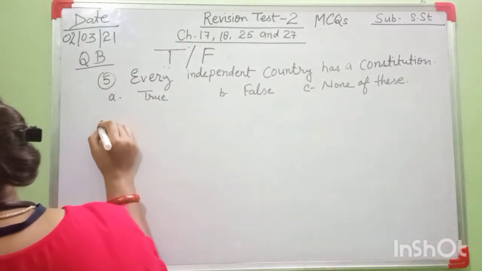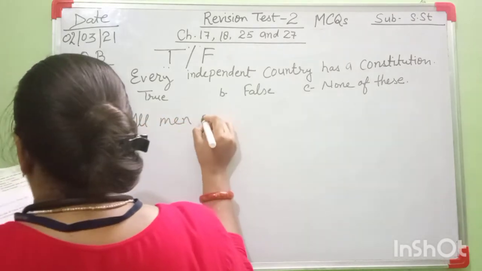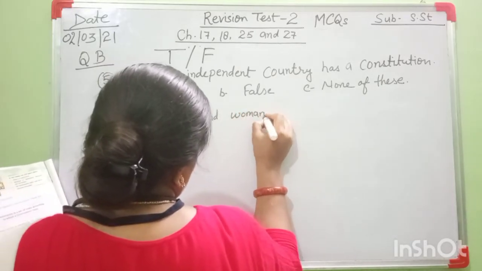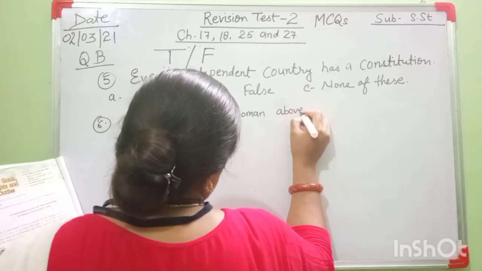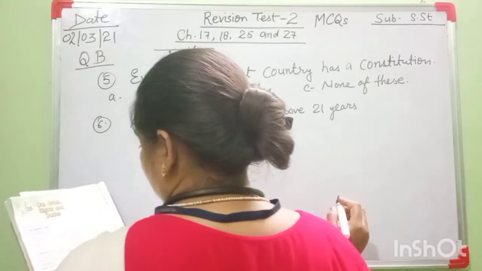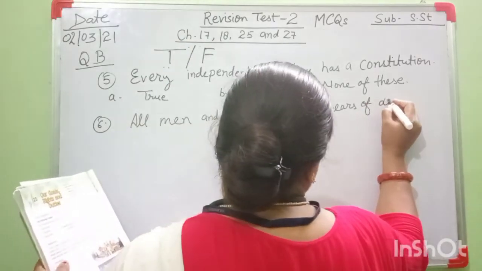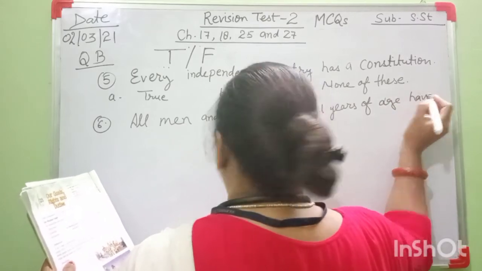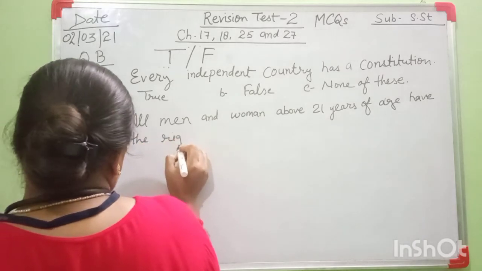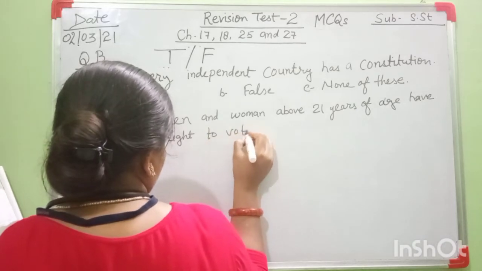Question number 6: All men and women above 21 years of age have the right to vote.